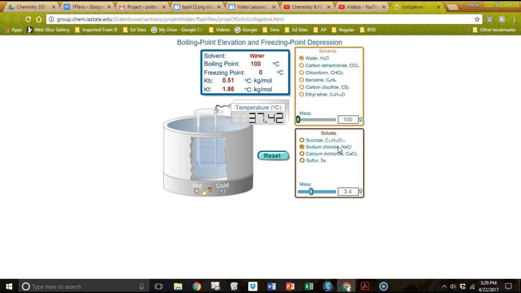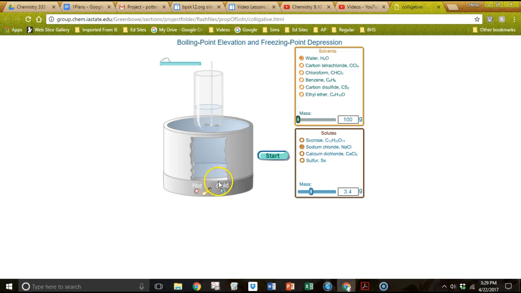And so again, normally we see water boiling at 100 degrees Celsius, but since we've mixed in a solute, 3.4 grams of sodium chloride in this case, we're going to see what the boiling point actually is with that solute in there. And we get about 100.57 degrees Celsius.